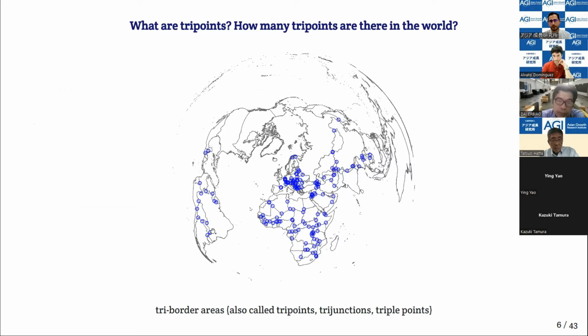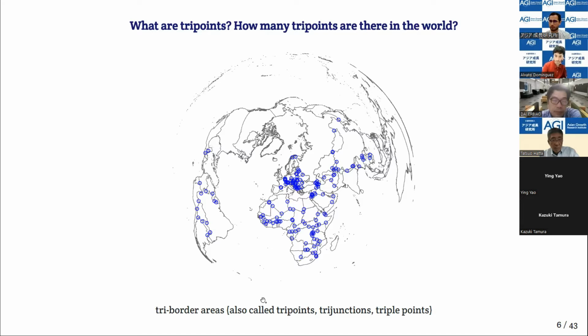So we have the 3 border between Uruguay, Argentina, and Brazil, if I'm correct here. So that would be one of those 3 points. We have 3 countries, 3 land borders that meet. Overall, there are about 150 of these 3 border points throughout the Earth.